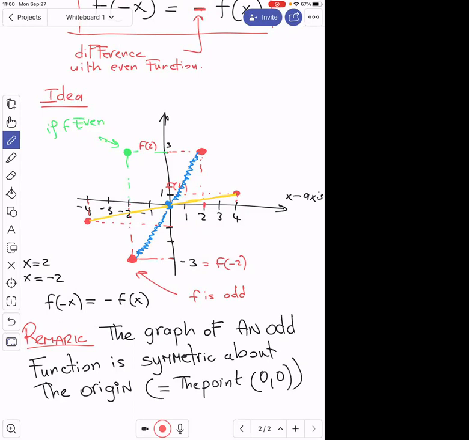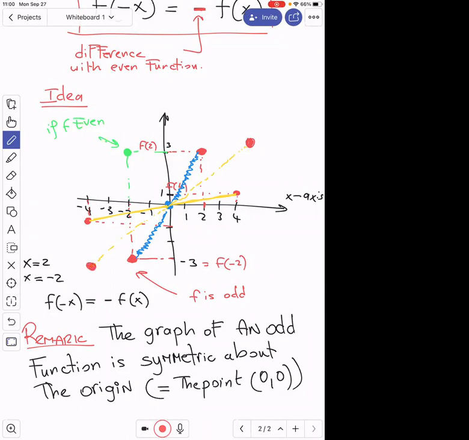For example, if you have another point right here, then you're going to have another point of the graph which is symmetric about the origin. You measure the distance from this point to the origin, to the blue point right here, and on the other side you're going to have another point right here.